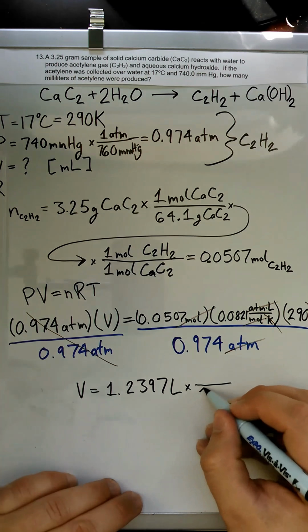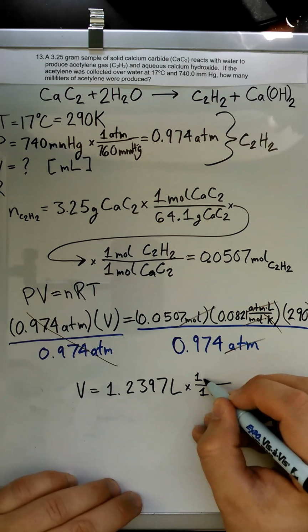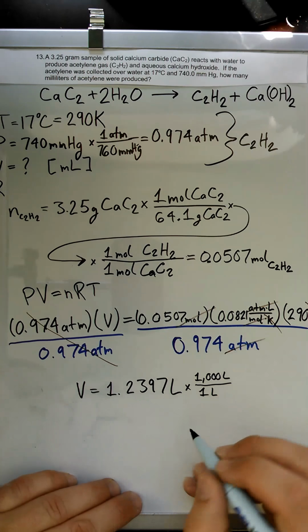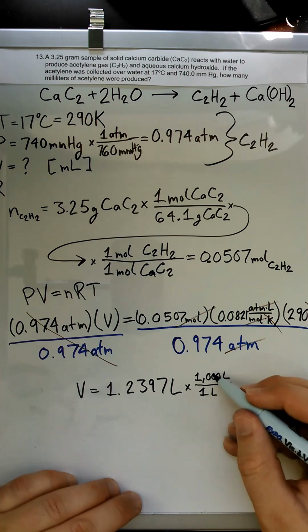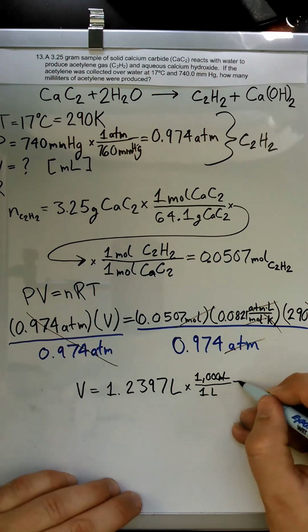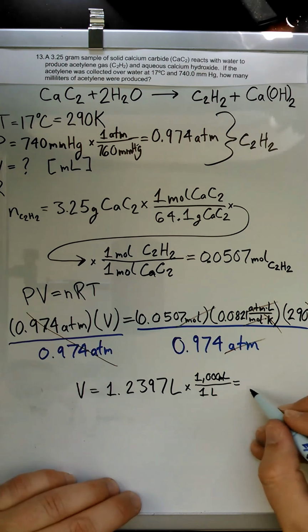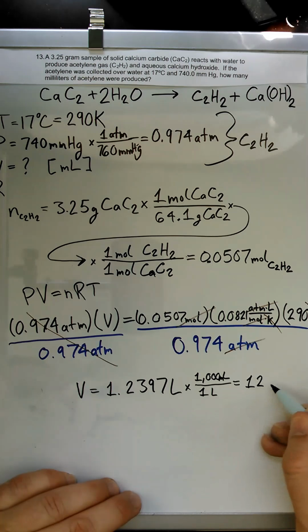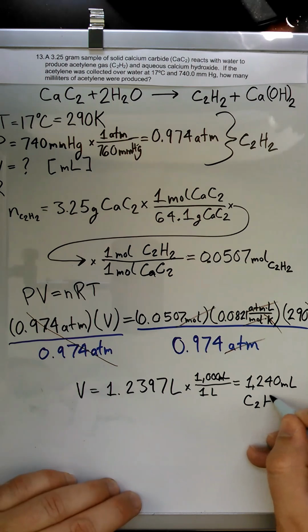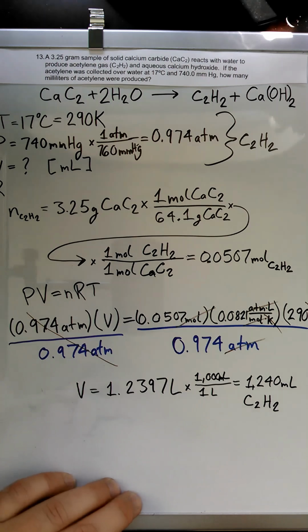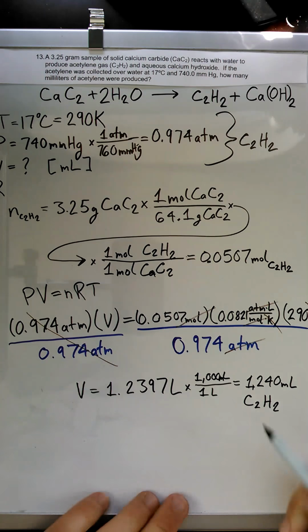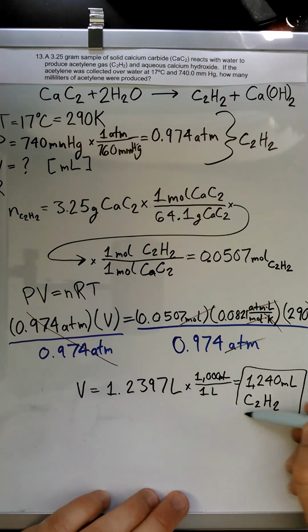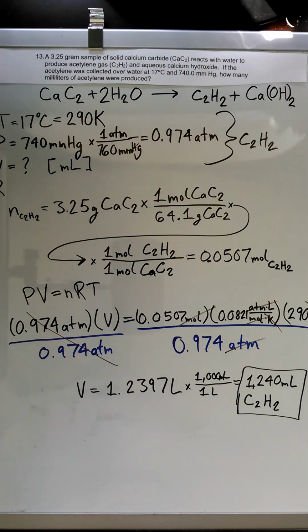Remember, for every 1 liter, we have 1,000 milliliters. So 1 liter is equivalent to 1,000 milliliters. We multiply and we get approximately 1,240 milliliters of acetylene gas.